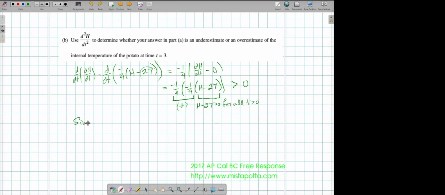So since h is concave up, what I'm looking at is the tangent line approximation that I had for a concave up graph means that my tangent line is going to be an overestimate. So part A is an overestimate.